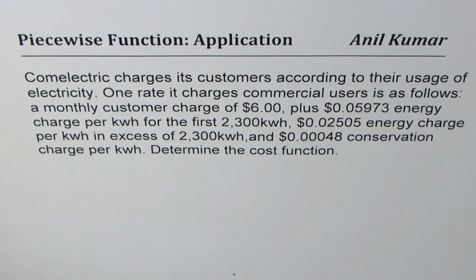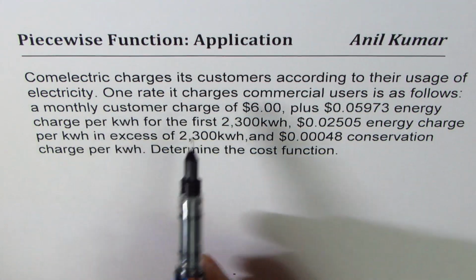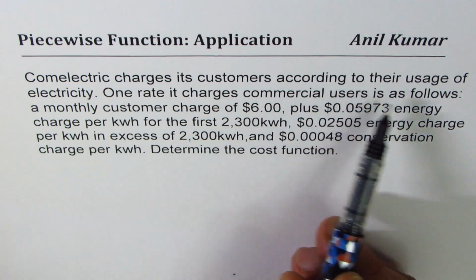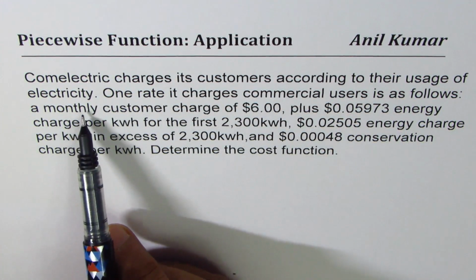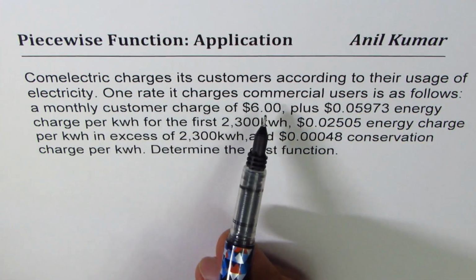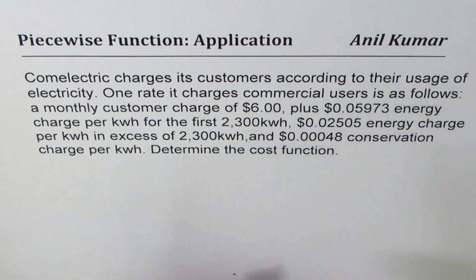The question here is, Com Electric charges its customers according to their usage of electricity. One rate it charges commercial users is as follows.